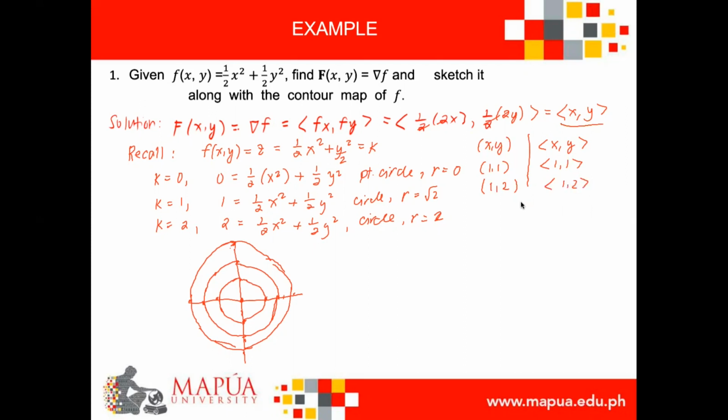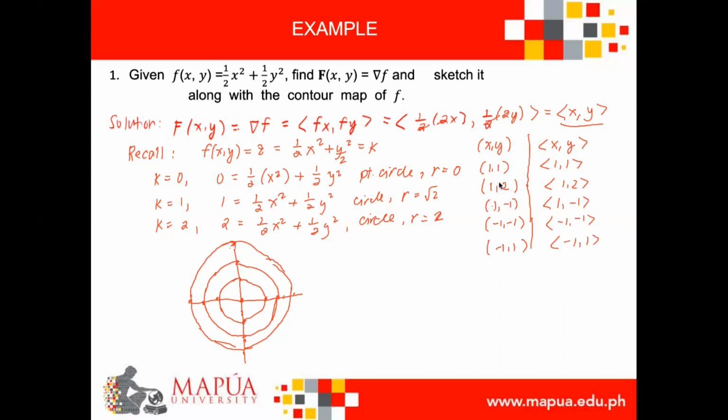If I have the point 1, negative 1, then you also have the vector component 1, negative 1. If you have negative 1, negative 1, then you will have the component negative 1, negative 1. If you have negative 1, 1, then you have negative 1, 1.